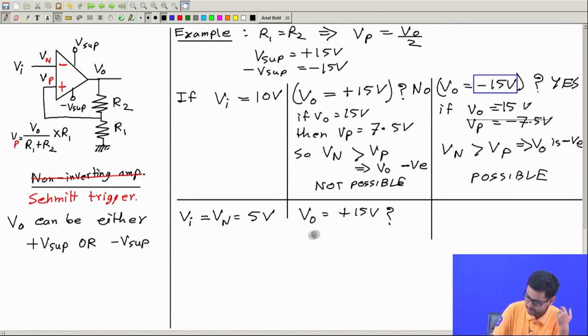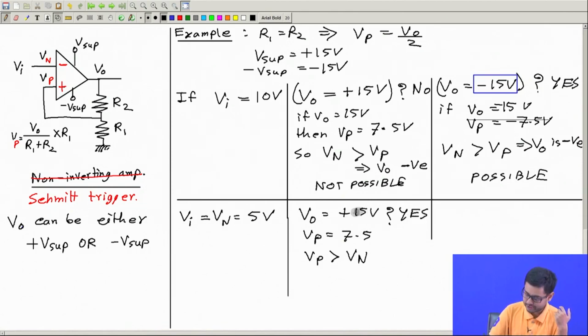Then if Vo is 15 volt, then Vp is 7.5, and in this case Vp is greater than Vn, because Vn is 5 volt. So output should be positive. So it's possible, yes. So output can be plus 15 volt. Okay, so this is possible. This is correct.